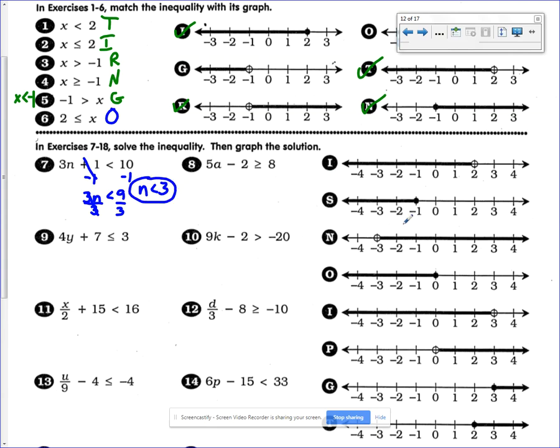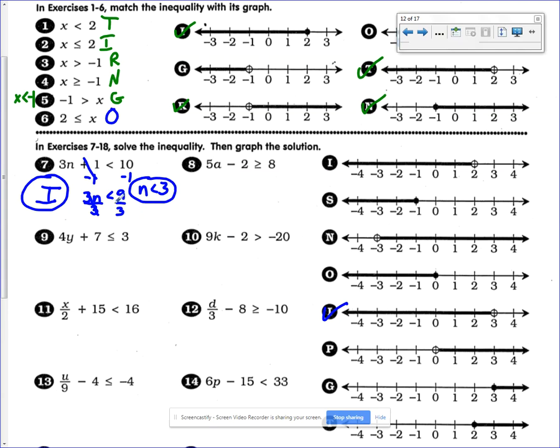Now you have to find the graph over here, and so as you start looking through the answers here, I see that this one, it's open circle at 3 to the left, is this I, so put a capital letter I here and circle it. Otherwise it's going to get too convoluted to try and draw matching and everything there.